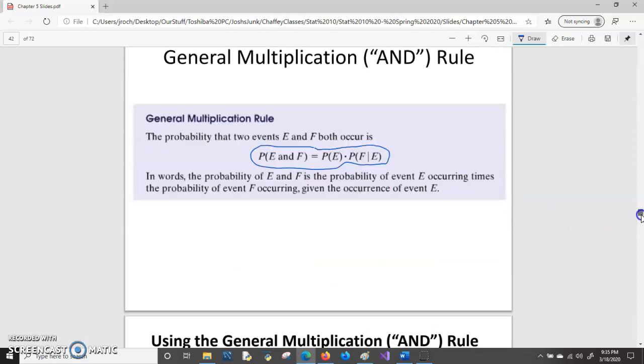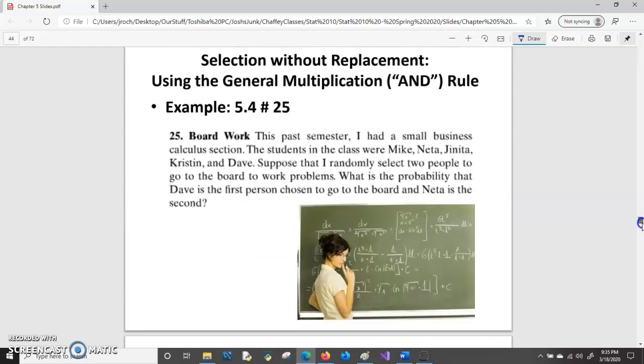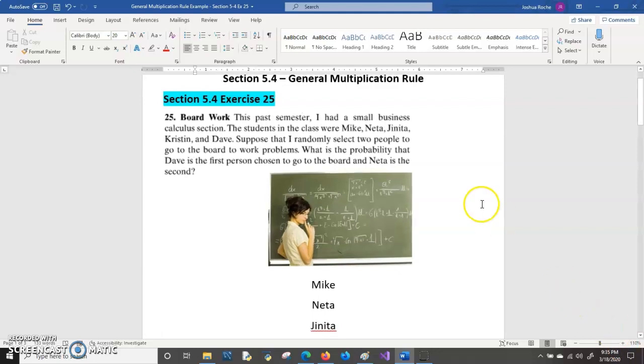I'm going to skip over this slide and start with this example, and then I'll do another one after this. So here's that first example. There are 5 students in the class: Mike, Netta, Janita, Kristen, and Dave.